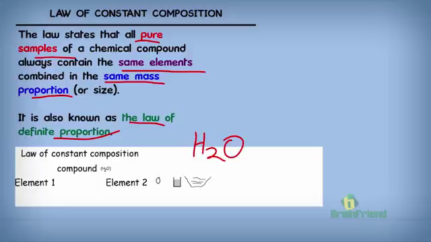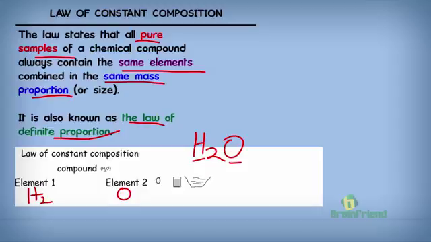So it says that all pure samples of a chemical compound contain the same elements combined in the same mass proportion. We have water, and it's composed of hydrogen and oxygen. So element 1 is hydrogen, and element 2 is oxygen. But for water, we have 2 atoms of hydrogen, so we'd have H2, and just 1 for oxygen.